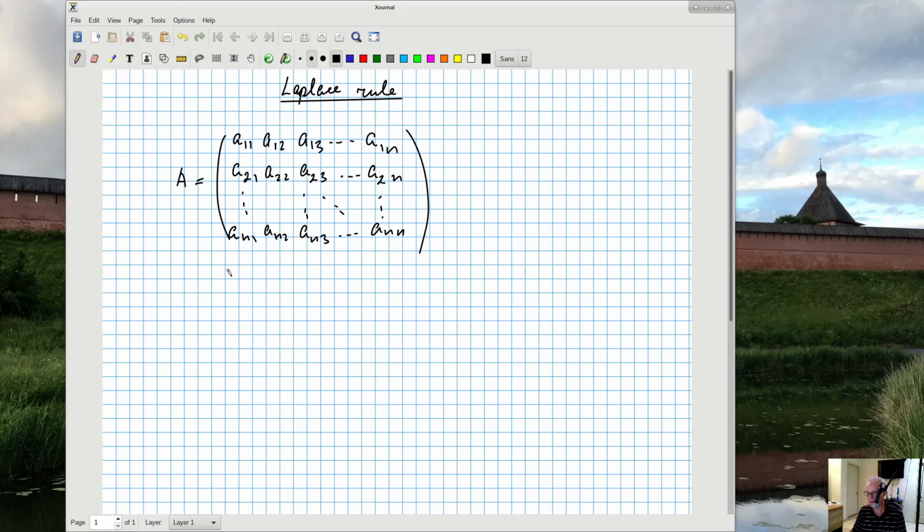By the way, about the notation, for element A_ij, those indices are important. I, the first index, is for the row. This element A_ij is in the ith row. And the second index is for the column. This jth element is in the jth column.